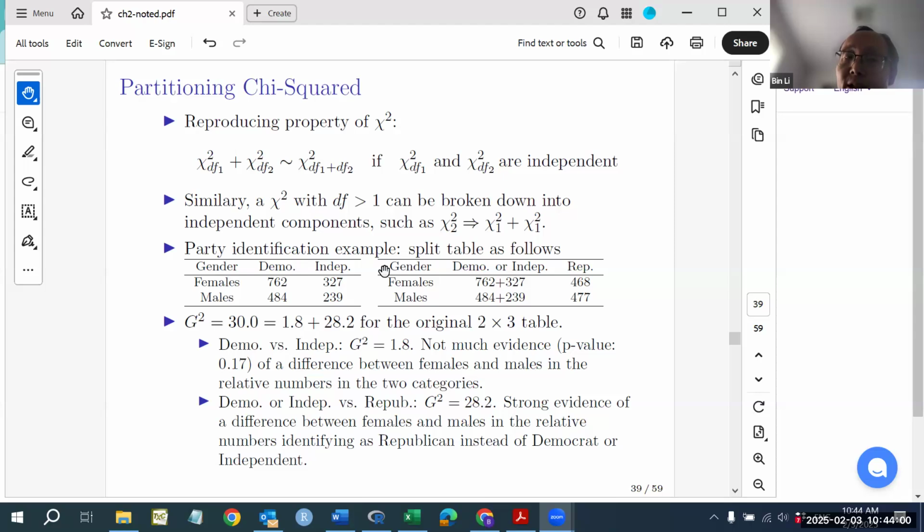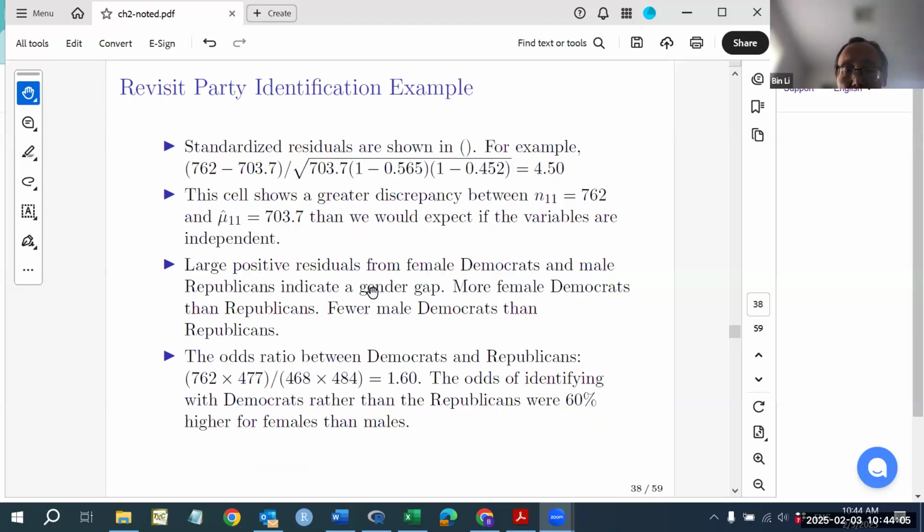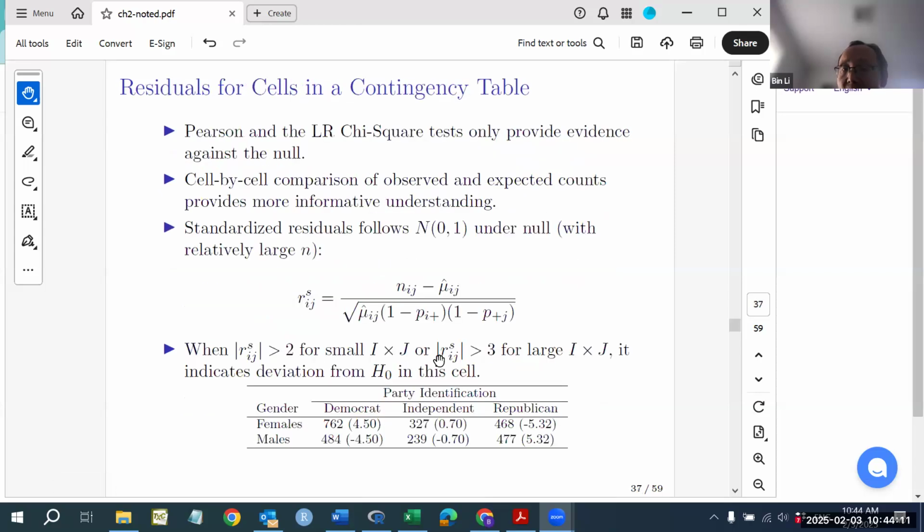talking about partitioning the chi-squares. So here, when we do this, we only consider the Democratic, Republican, male, females. But in the table, we also have an independent party, right?